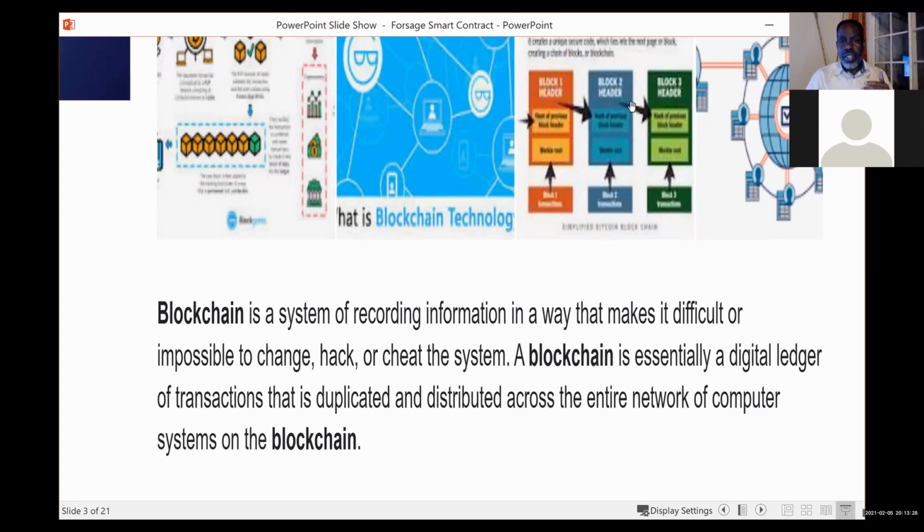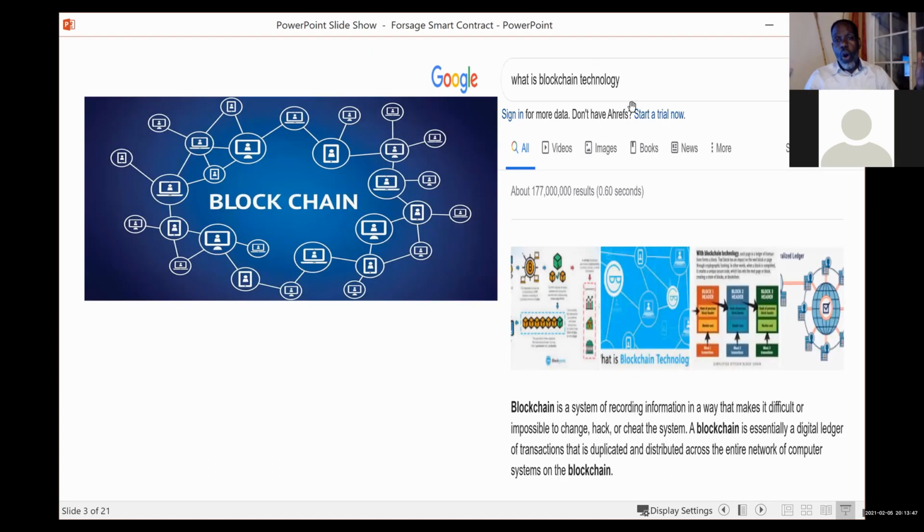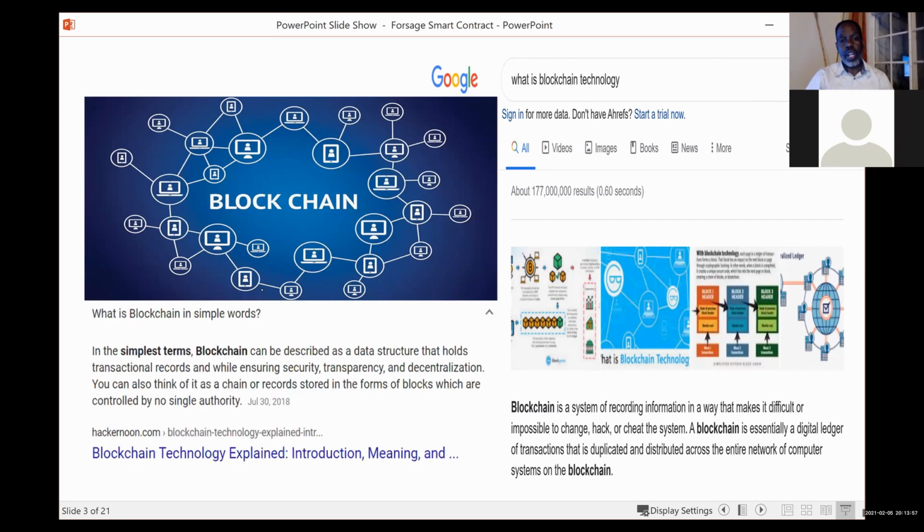So it is essentially a digital ledger of transactions that is duplicated and distributed across the entire network of these computers that are interconnected, to the extent that no one single person or third party or external person can change what is contained within the blockchain technology.